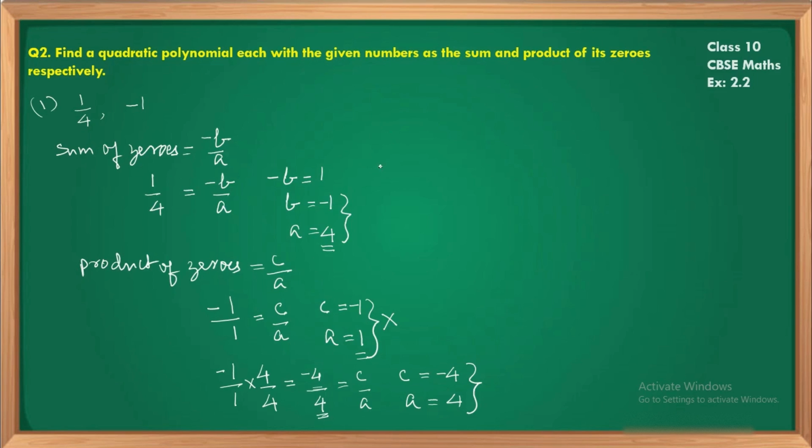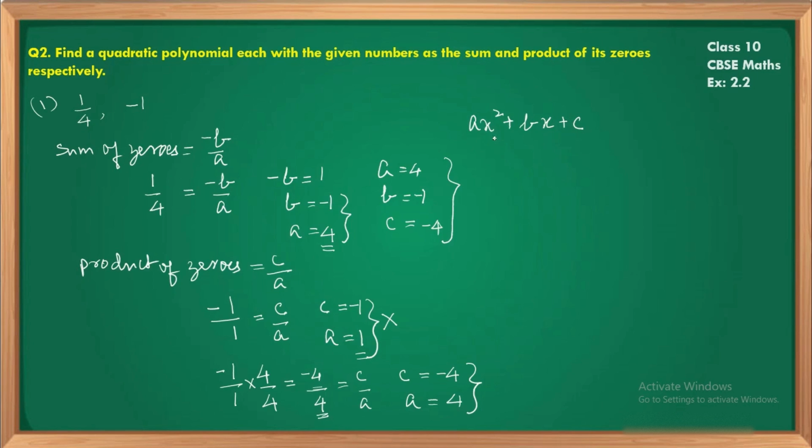Now in summary, we have a equal to 4, b equal to minus 1, and c equal to minus 4. Now these are the values of a, b and c. With this we can form the quadratic polynomial. We know very well the general form is ax square plus bx plus c.